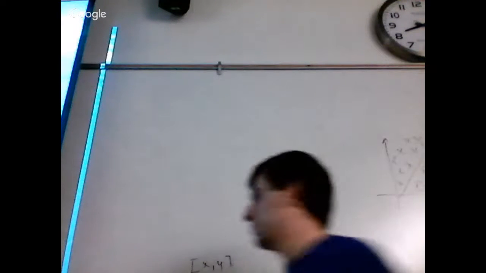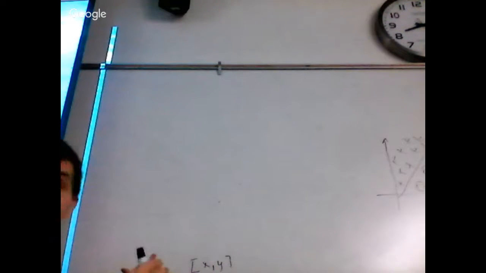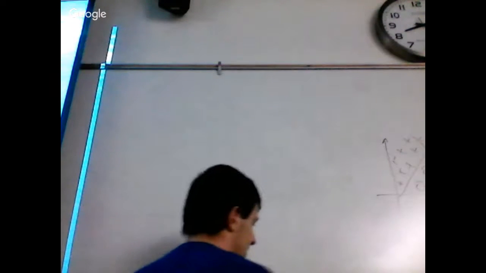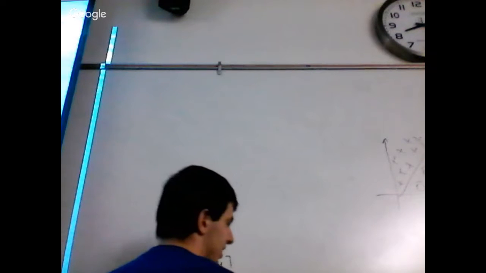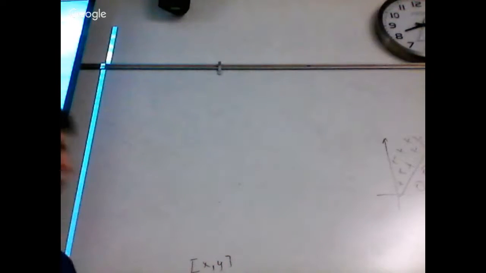So this will be our input. Our neuron will be a very simple neuron that takes an X and a Y value, and it will provide some output, right?